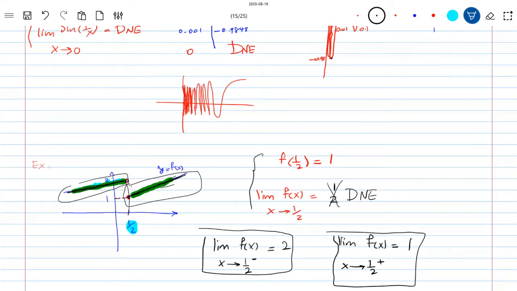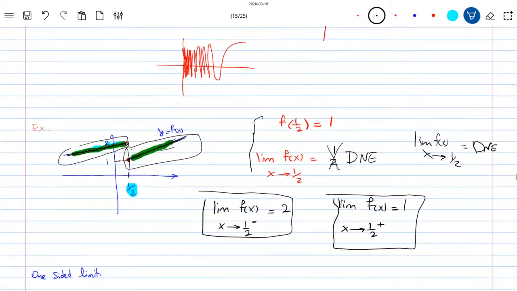But if they do match up, if they were both equal to 2, that means if you follow the left curve and the right curve, they're both going to be 2. That means the limit of the function as x approaches 1/2 would be exactly 2, because these two equal each other. That means both curves end up with the same expectation. In this example, they're not the same, so I can say simply this does not exist, DNE.